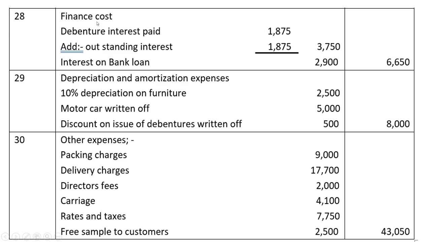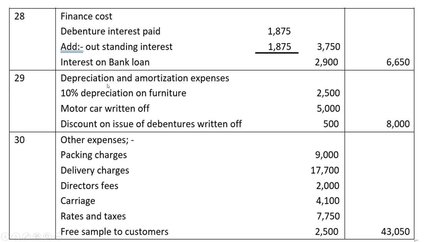Note number 28, finance cost: debenture interest paid 1,875, and for the outstanding half year we calculate 1,875, remaining 3,000, total is 3,750, and interest on bank loan is 2,900, total is 6,650.